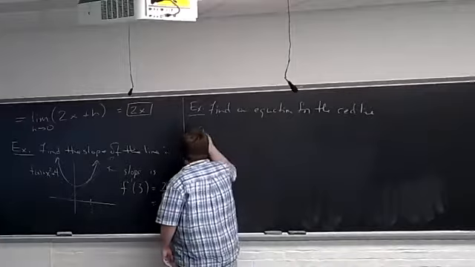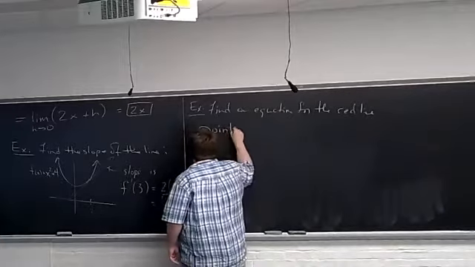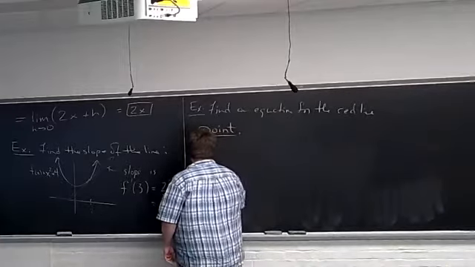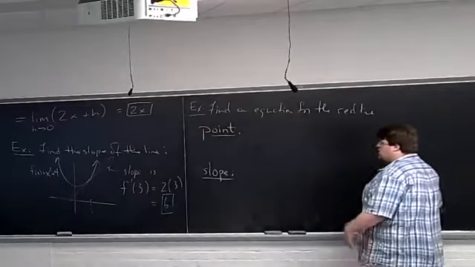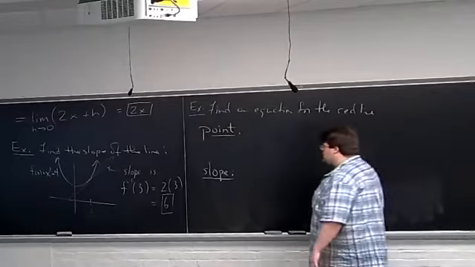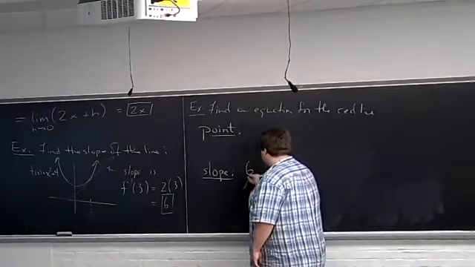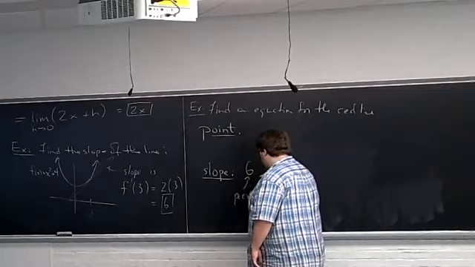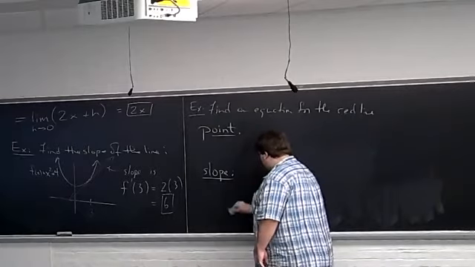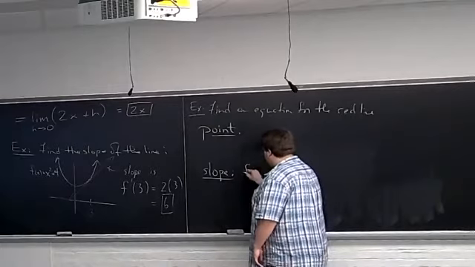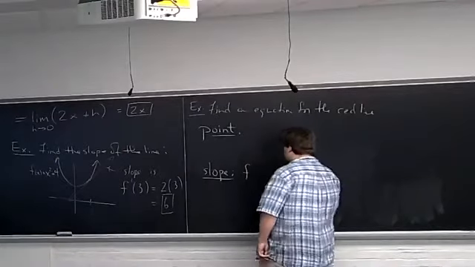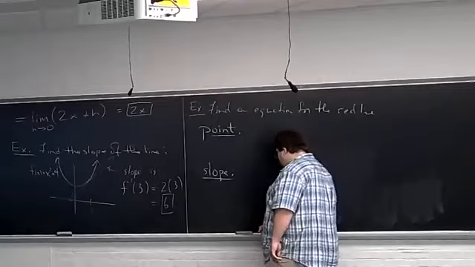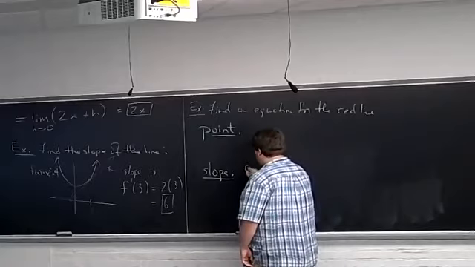Well, we need a point. We need a slope. Well, the slope we already found from the previous example. I'll say f prime.